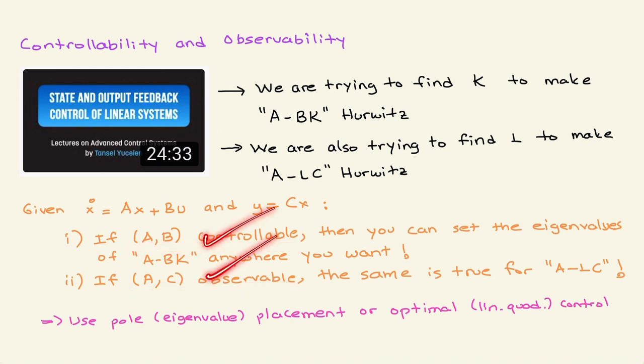Then once I see that they are controllable and observable, I can design K and L to make these Hurwitz. Most of the time, I assure you, in engineering systems, AB will be controllable and AC will be observable. But again, sorry for the repetition, if you want me to dive more into the technical details and theory behind controllability and observability, as well as controllable decomposition and observable decomposition, let me know. I will be happy to do that.